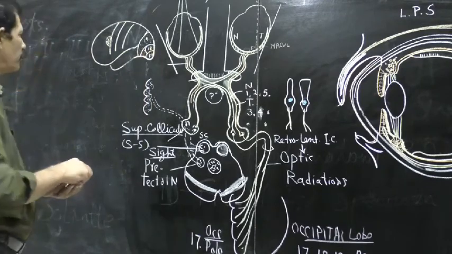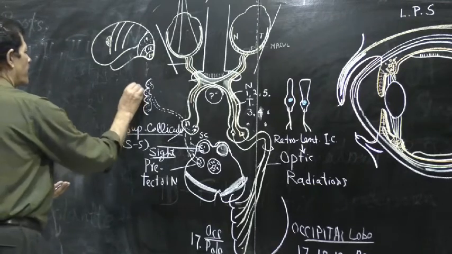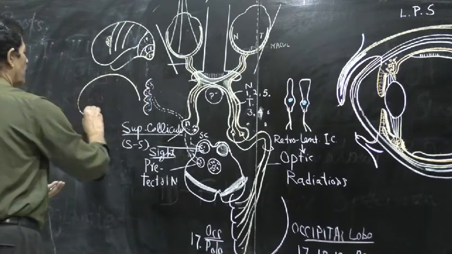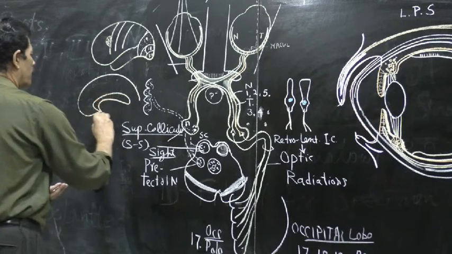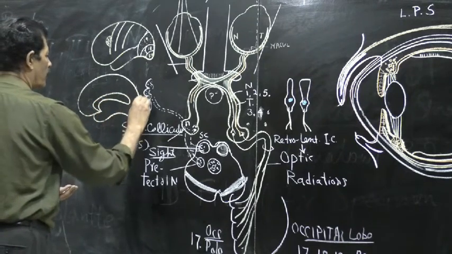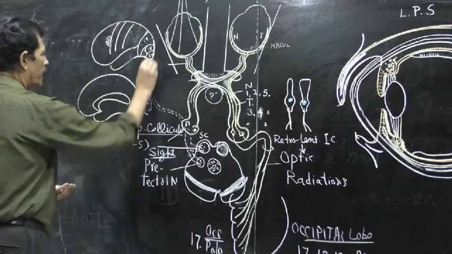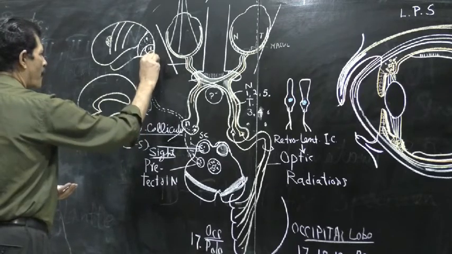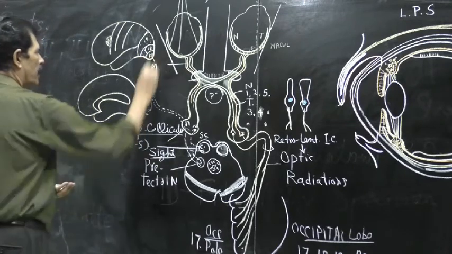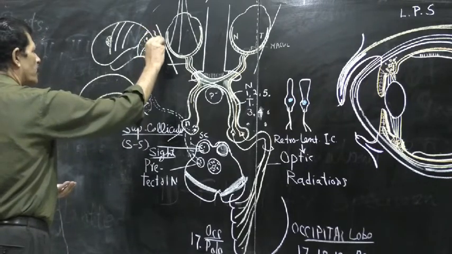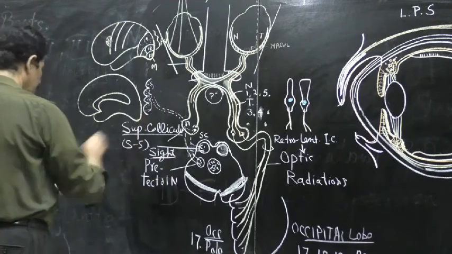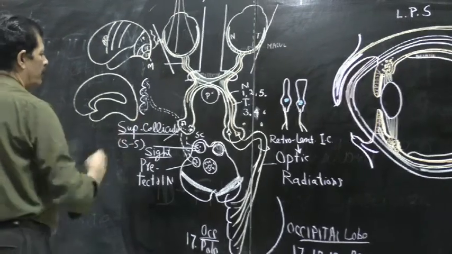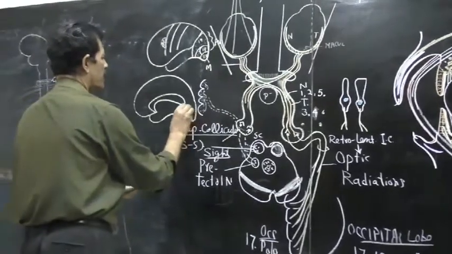While if we see medially, the cerebrum, the occipital lobe, the occipital pole contains macular vision, and the other is the association area, and this sulcus here is the calcarine sulcus.